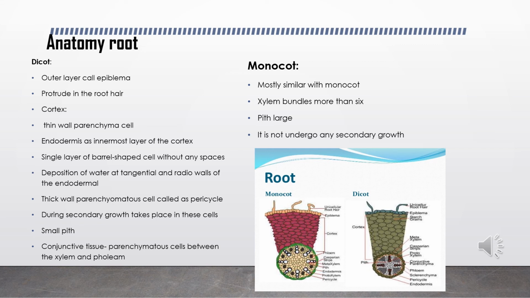The parenchymatous cells which lie between the xylem and the phloem are called conjunctive tissue. There are usually 2 to 4 xylem and phloem bundles. Later, the cambium ring develops between the xylem and phloem. All tissue on the inner side of the endodermis, such as pericycle, vascular bundles, and pith, constitutes the stele.